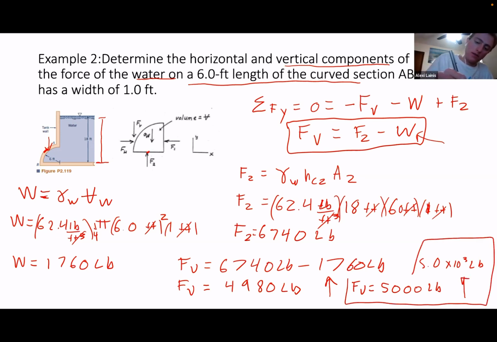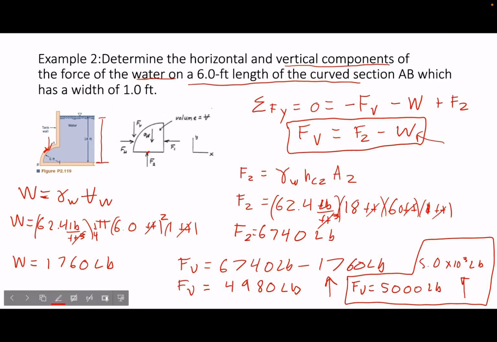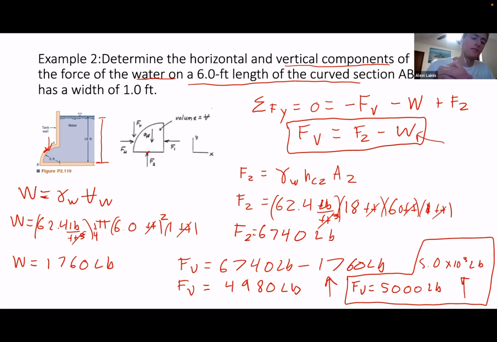Anybody have any final questions about that problem? I have one quick question to clarify. When you're calculating F2 and finding the area, what area is that? F2 is, it's kind of hard because it's three-dimensional, but it's the area of the bottom. If I expand that, it's the area of the box on the bottom of this shape.